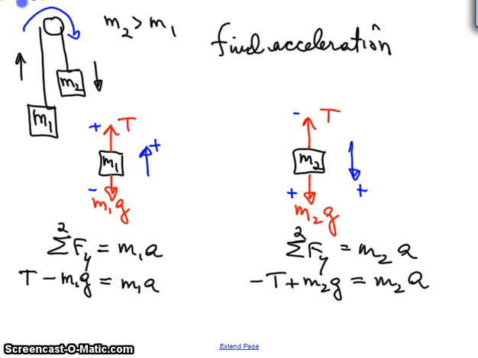It's easiest to find the acceleration first. So that's what we want to do. If you can do that, then any of the other problems associated with these are fairly straightforward. They use kinematics. How far did it fall? How fast is it going after 1 second? That's all kinematic questions. But the trick is to find the acceleration for these.